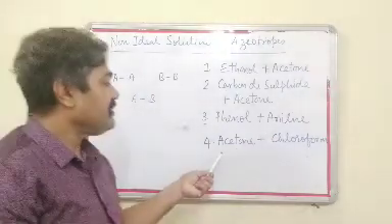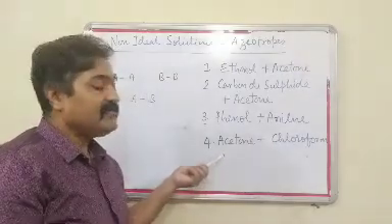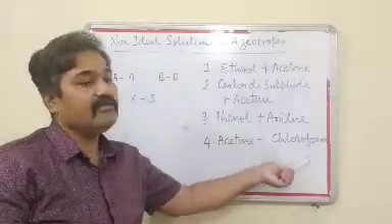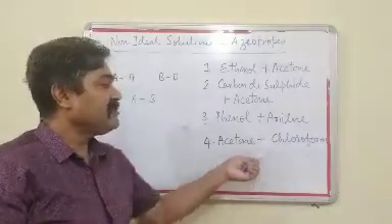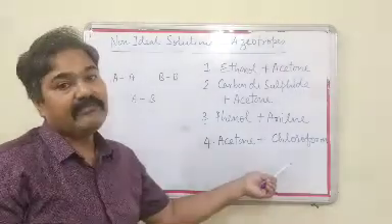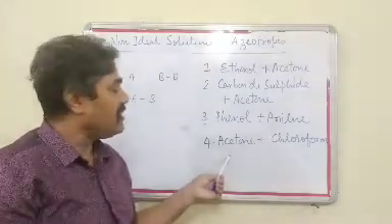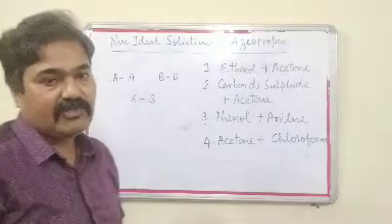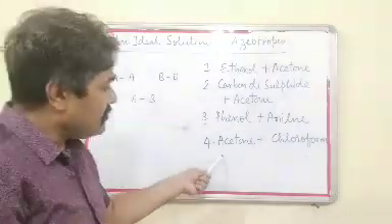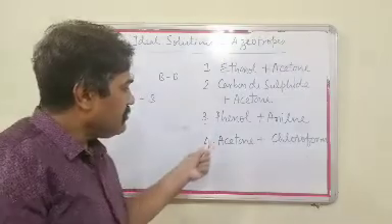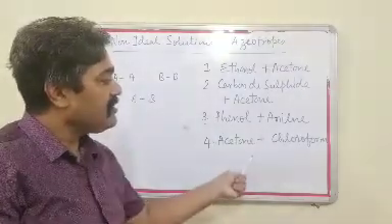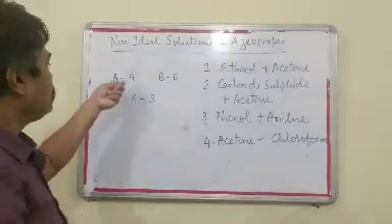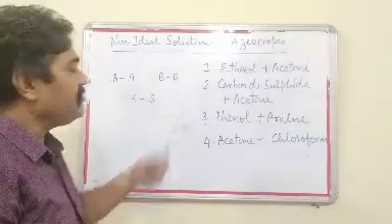Okay. Another example of the negative deviation non-ideal solution is the mixture of acetone and chloroform. Between acetone and chloroform, again hydrogen bonds form with the oxygen of the acetone and the hydrogen of the chloroform. Okay, so that's why the solvent-solute molecules interaction becomes stronger compared to the solvent-solvent and solute-solute interaction.